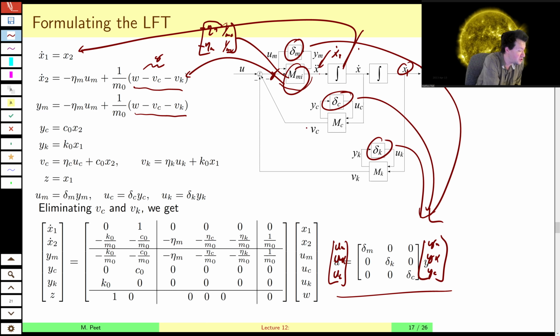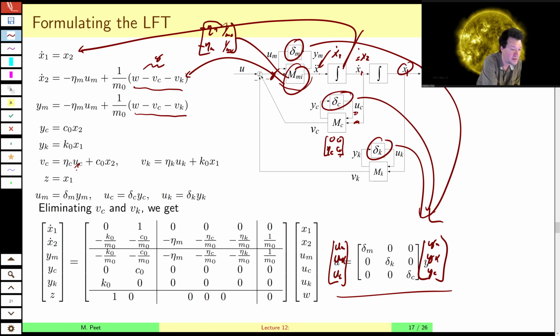Then we have equations for vc and vk, again given by these blocks, which I believe were c naught, a to c. So vc is a to c times u plus c naught times this signal, which is x2.